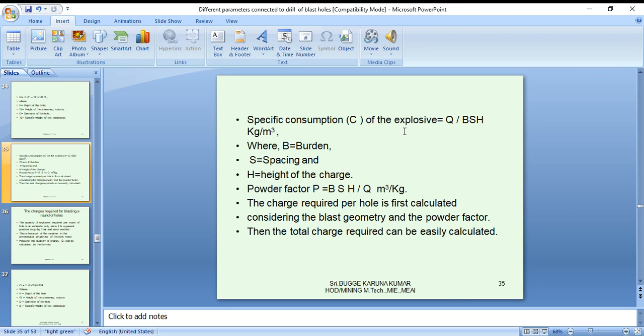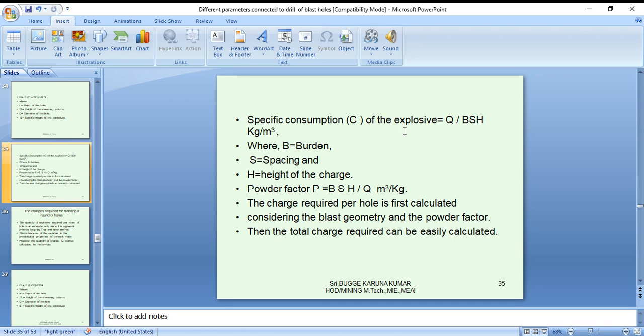Q is the specific charge, equal to E times H minus stemming times pi d square by 4. Similarly, Q divided by BSH in kg per meter cube is the specific consumption of the explosive, where B is the burden, S is the spacing, and H is the height of the charge.